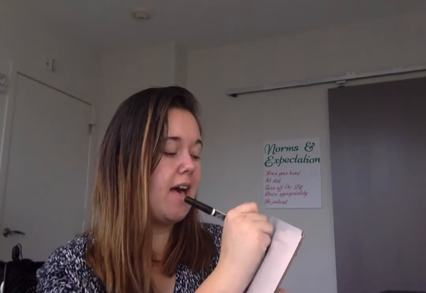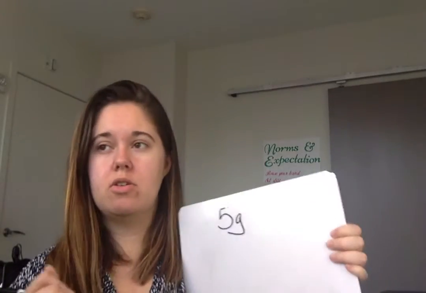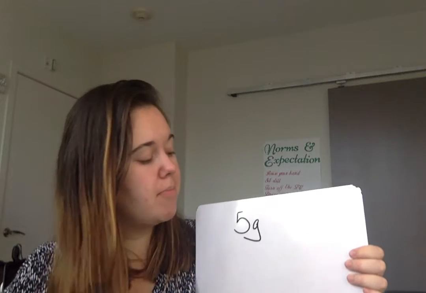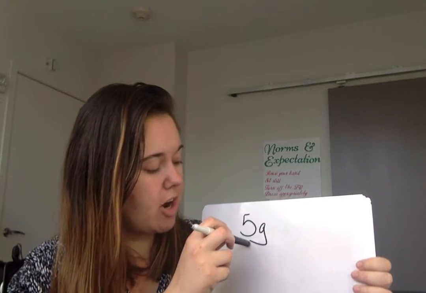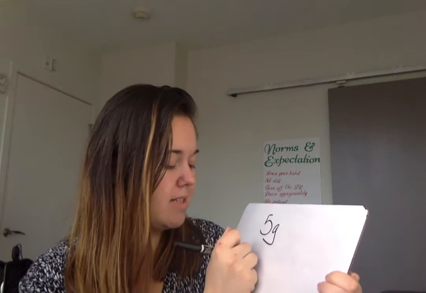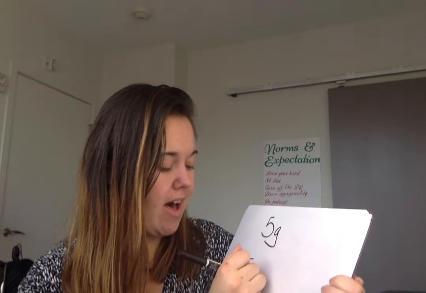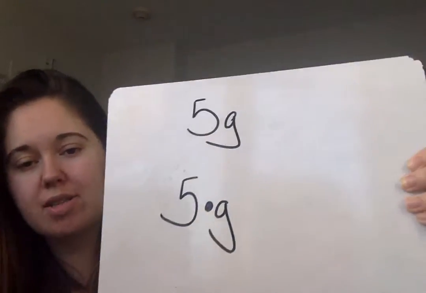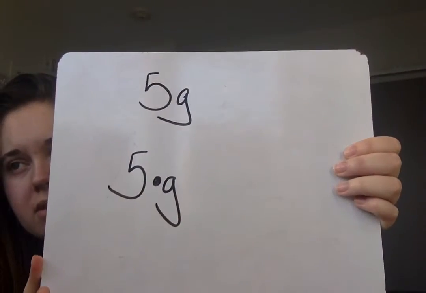So let's look at A. We get 5G. Great. What numbers are being multiplied by in this situation? We've got our coefficient of 5, and we've got our variable of g. Those are being multiplied together. So we write it as 5 times g, using that dot so we don't get confused. And that's it.